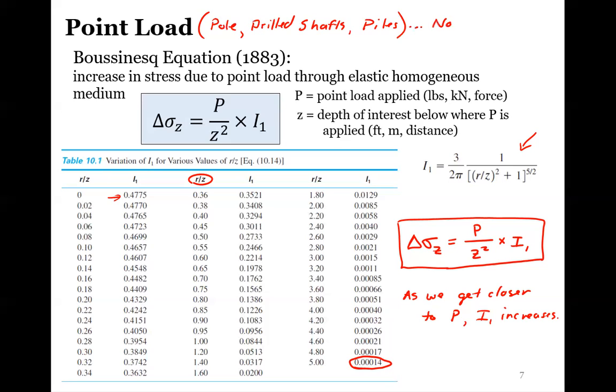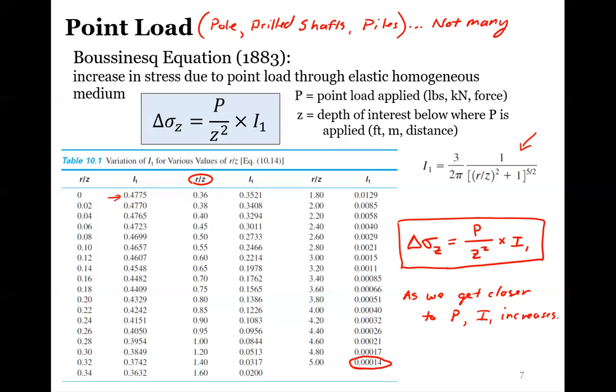But really, there's not many point loads. Because if you think about it, everything is going to be applied over some type of foundation or footing. Even though you see these columns coming down, like the one out there, the column will go directly into a footing to distribute that point load across a cross-sectional area.